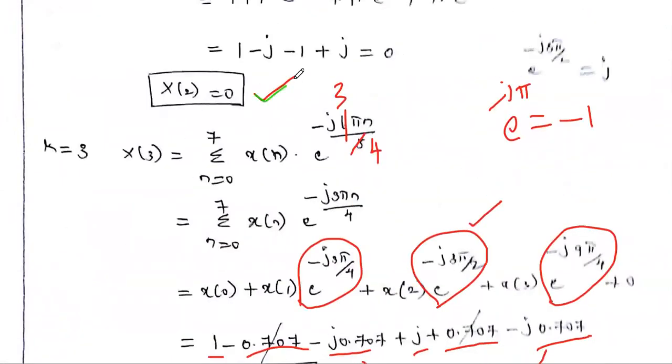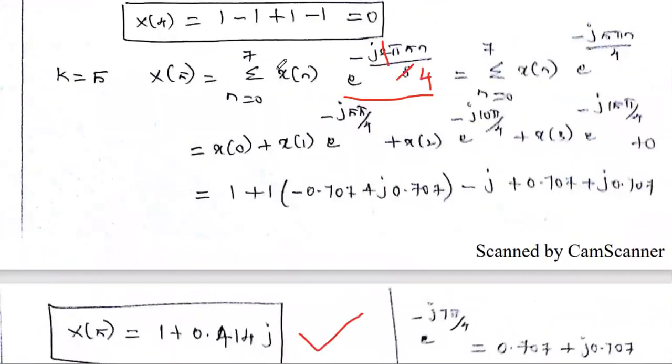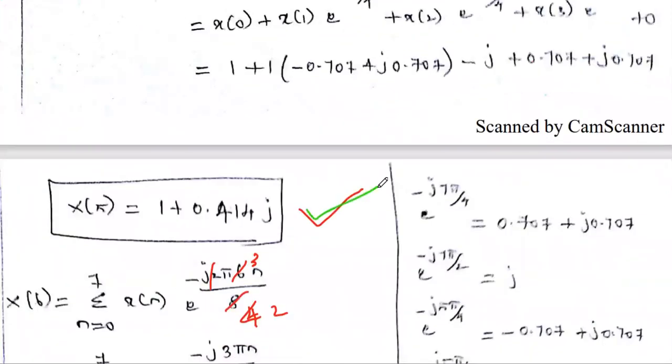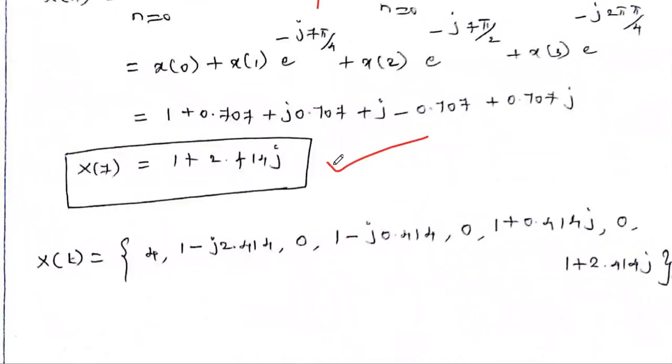X of 2 is 0. Then x of 3 is 1 minus j 0.414. X of 4 is 0. Then x of 5 is this value, and x of 6 is 0, x of 7 is this value.